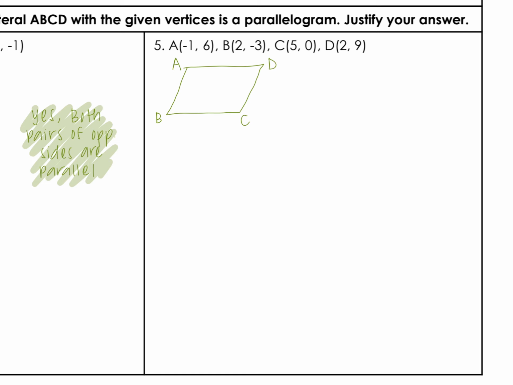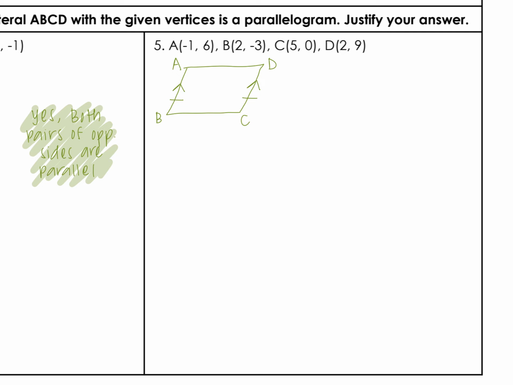Okay, so another way we could do this is, remember we have the theorem that stated we could prove one pair of opposite sides to be both congruent and parallel. So for example here, what I can do is I can prove AB is parallel to DC, and I can then use my distance formula to prove that AB would be congruent to DC.